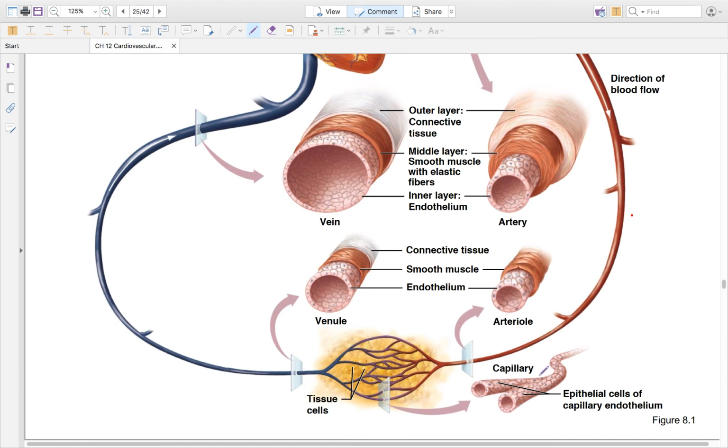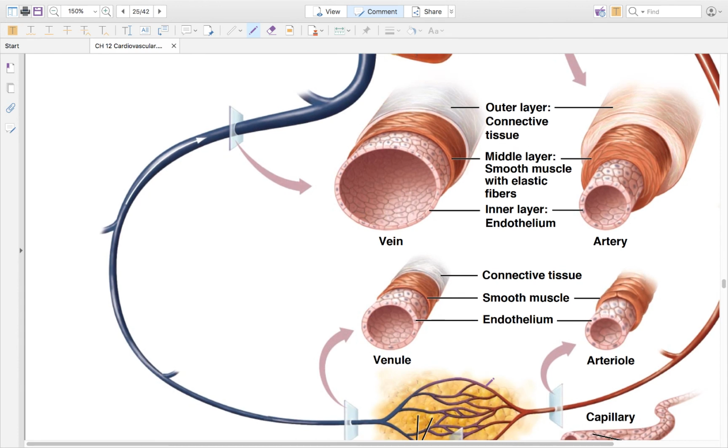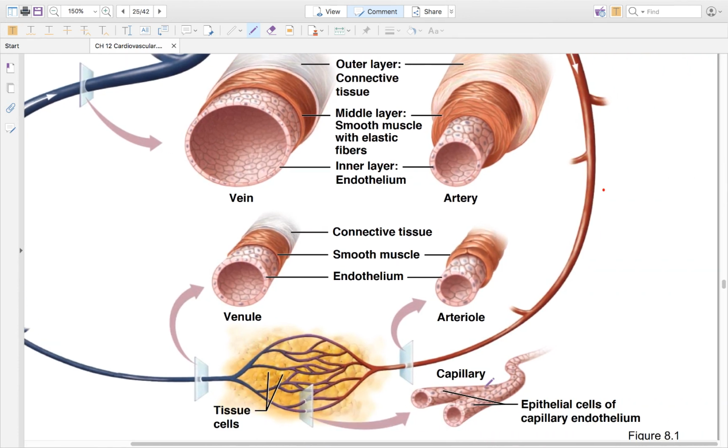All right. So see how capillaries are so small. They are literally one layer thick, one layer of cells. And that's not usually the case with a lot of our tissue.